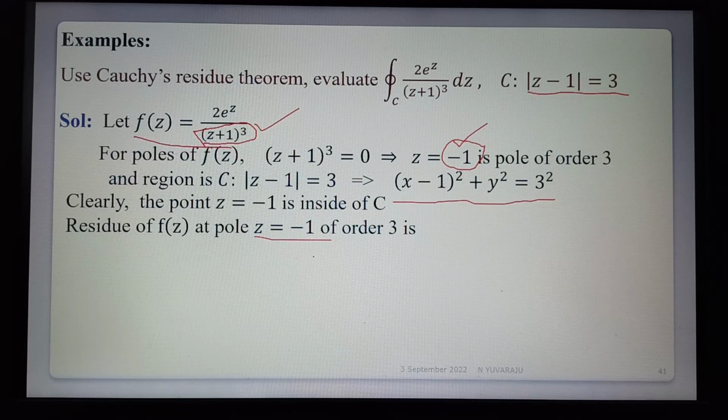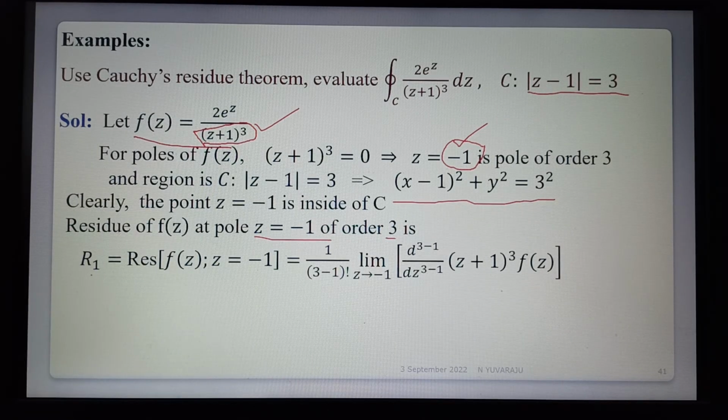As I already told in the previous lecture, the residue formula at z equal to a of order m, and here m is equal to 3, since the pole is repeated 3 times. This is r1, and r1 means the residue at the only point z1, z1 equal to minus 1. At that point, the residue is r1, that is the residue of f of z at z equal to minus 1.